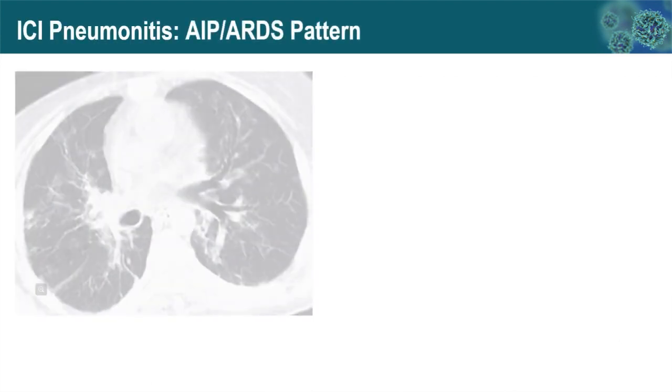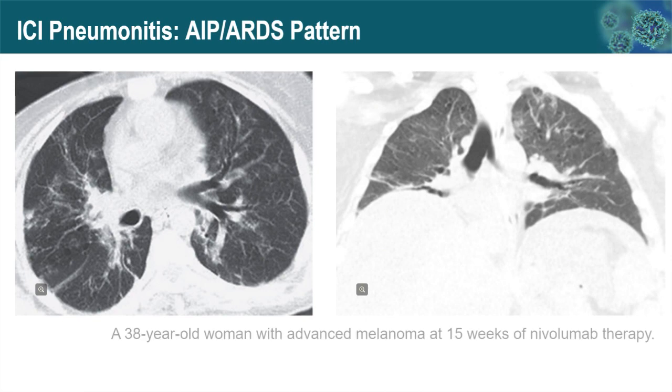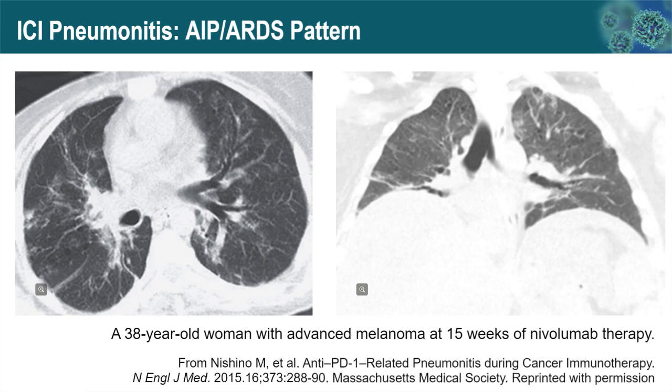So this is a case of immune checkpoint inhibitor-related pneumonitis presenting a pattern that we call AIP/ARDS pattern. Some groups like to call this DAD pattern, diffuse alveolar damage, but we chose this terminology based on the classification of ATS and ERS rather than using DAD, which is a pure histology term.